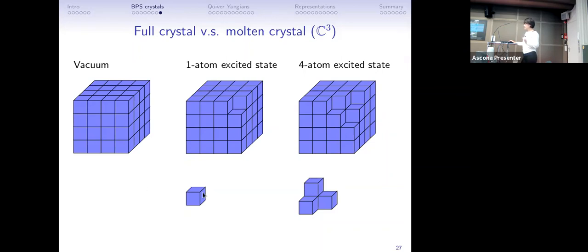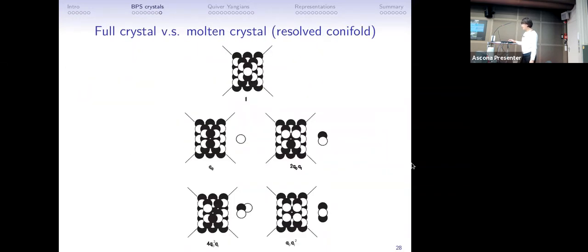But the crystal configuration that I'm going to consider, when I say crystal, actually corresponds to the complement of this bigger crystal. So this is the C3 example, and this is the pyramid example. We're going to focus on this small finite set that sits at the tip of your pyramid. So each state corresponds to some particular combination of these atoms.